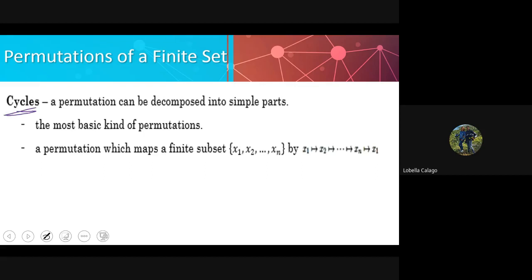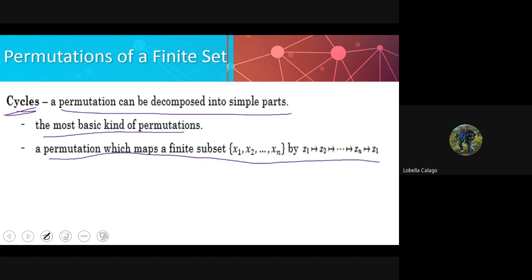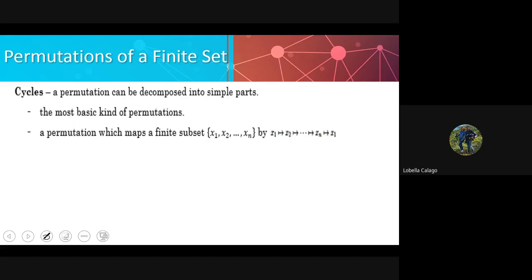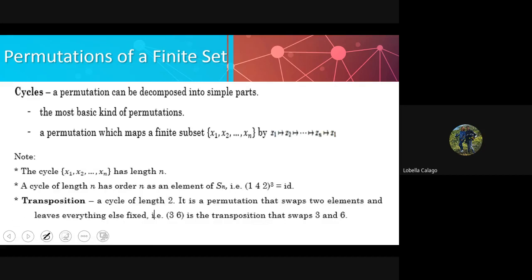So, what is a cycle? A cycle is a permutation that can be decomposed into simple parts. It is the most basic kind of permutation. So, a permutation which maps a finite set like this one. Okay, so for note, the cycle has length n.